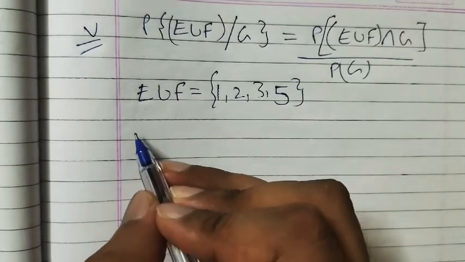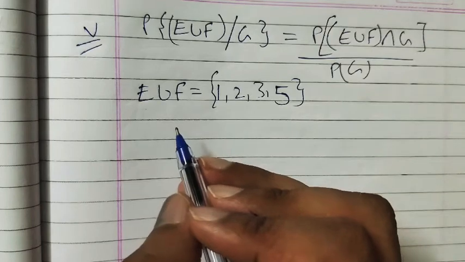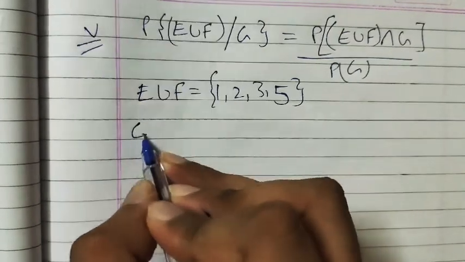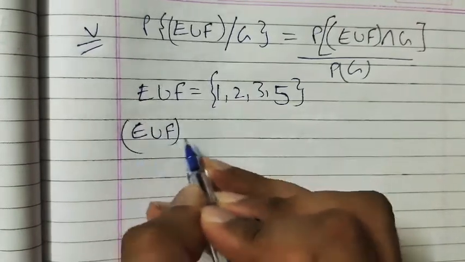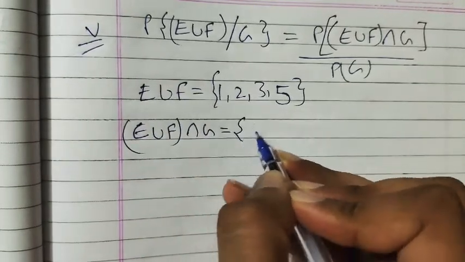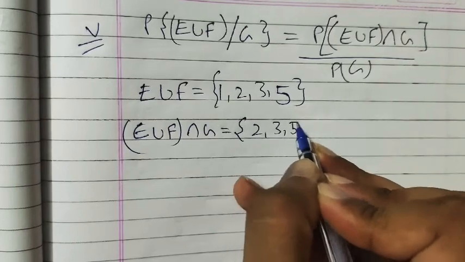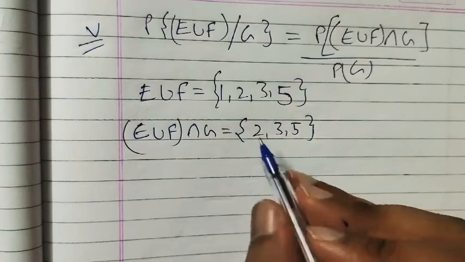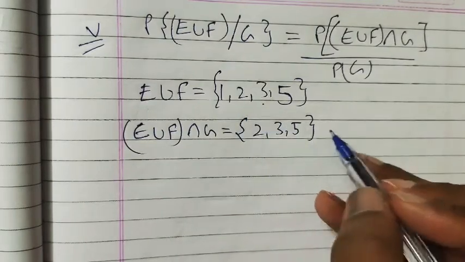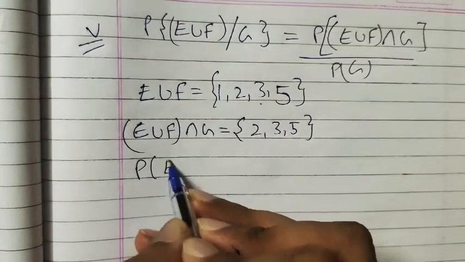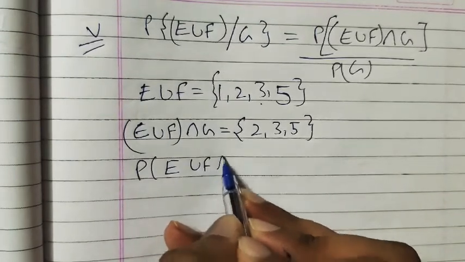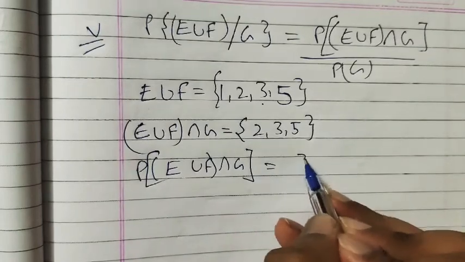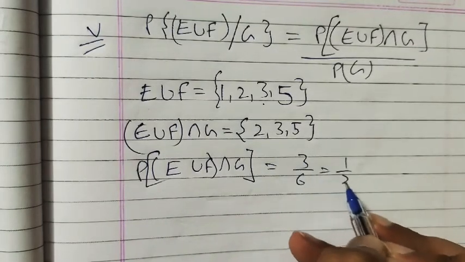Now the intersection of this with G. G is {2, 3, 4, 5}. So E union F intersection G will have 2, 3, 5, right? So probability of E union F intersection G will be 3 upon 6, which is 1 by 2.